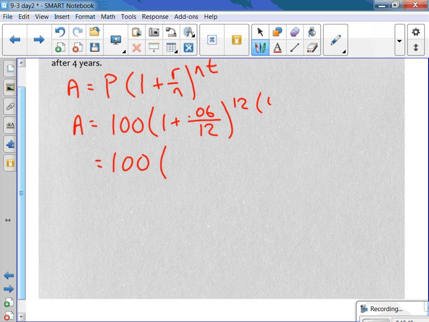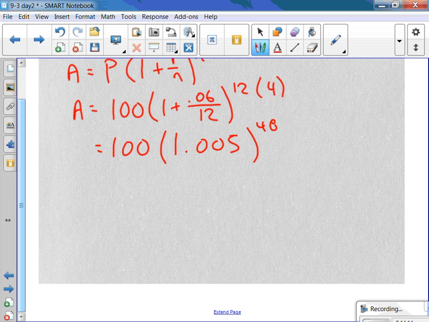So, 0.06 divided by 12. I'm doing 12 into 6, not 6 into 12. 12 goes into 60 how many times? So, this is what I would expect for what?